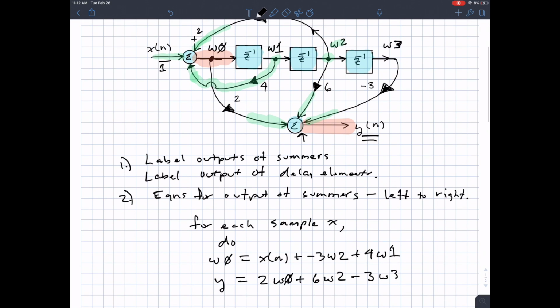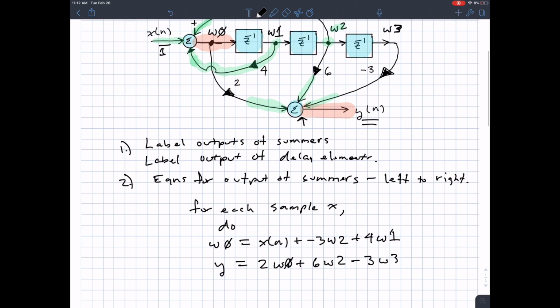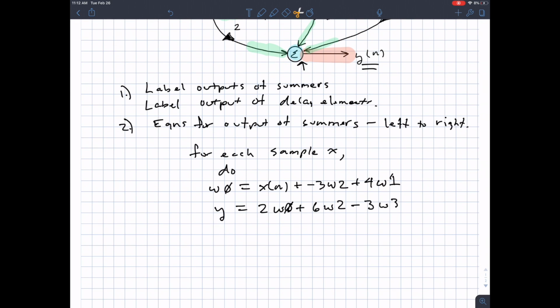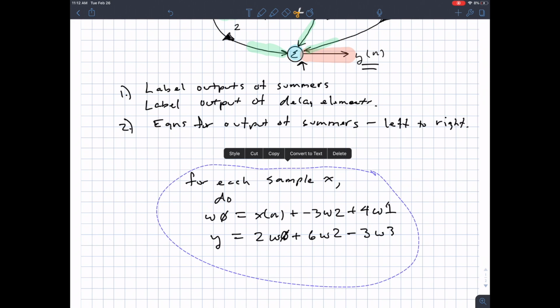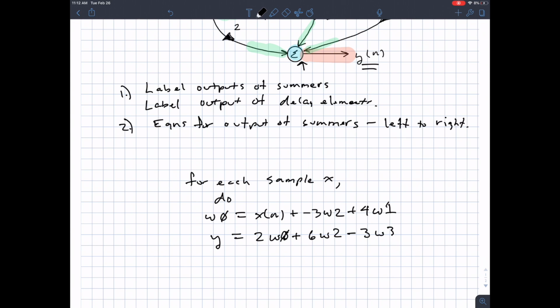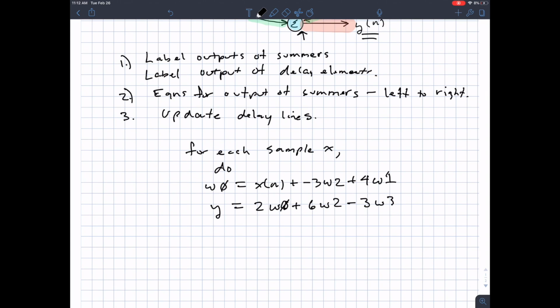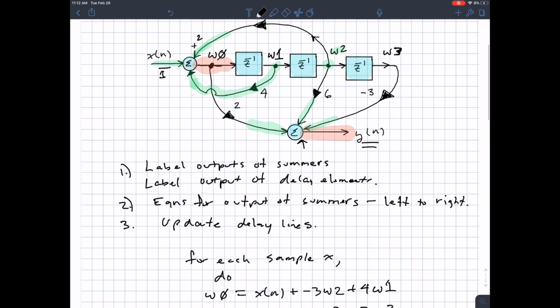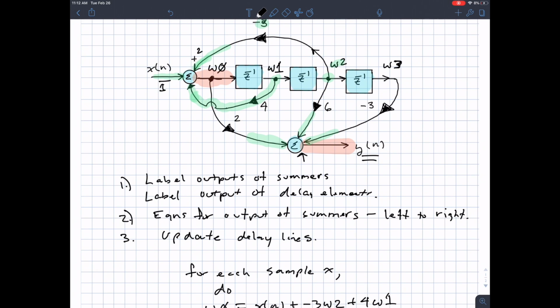Okay, so at this point, we're done with the first two steps, and the last step in this process is step 3, update the delay lines. In this particular case, I have three delays.